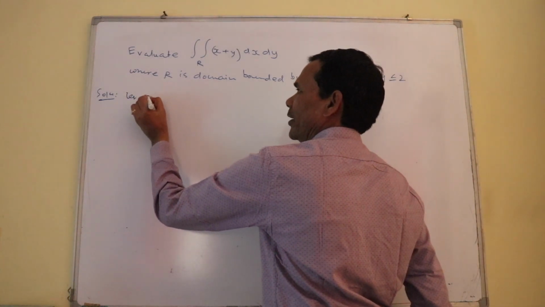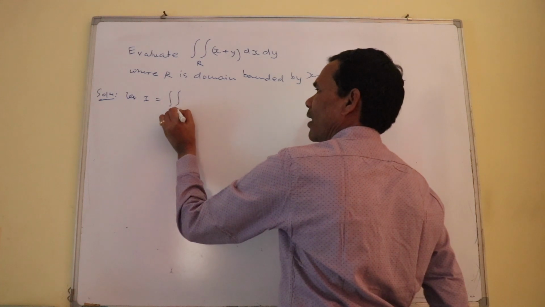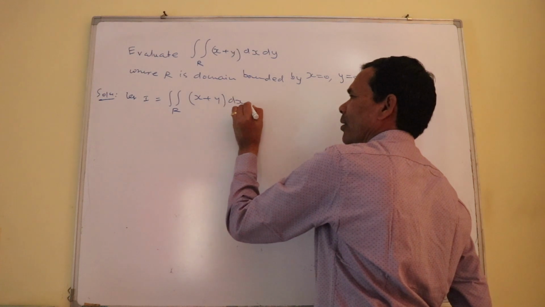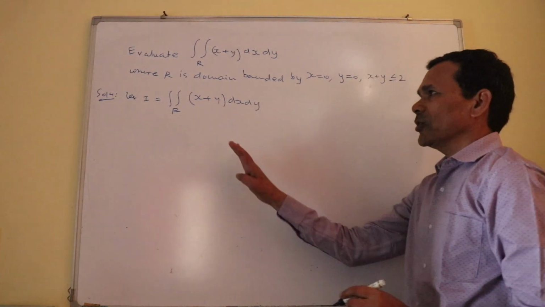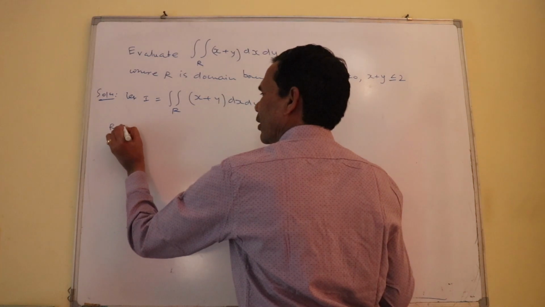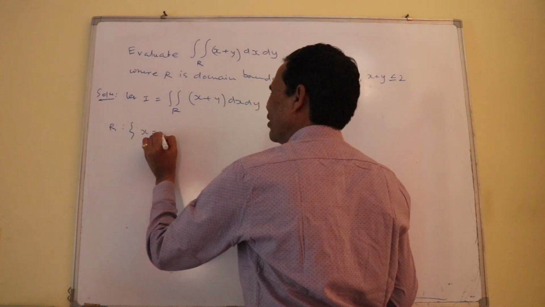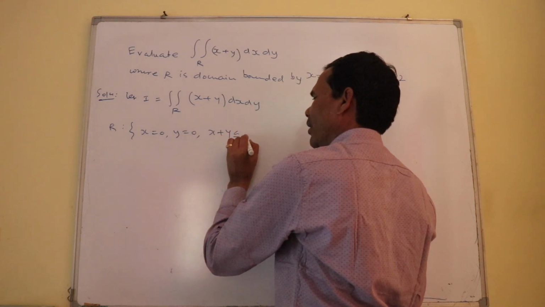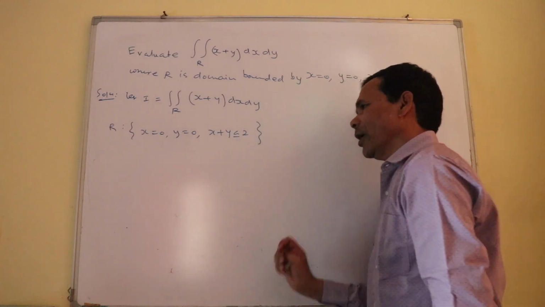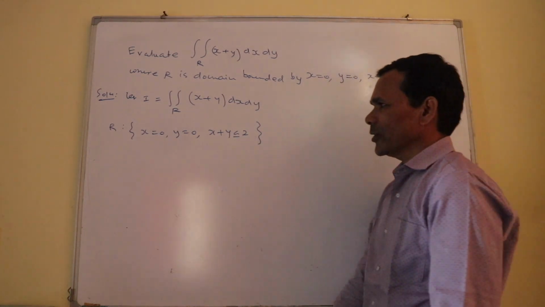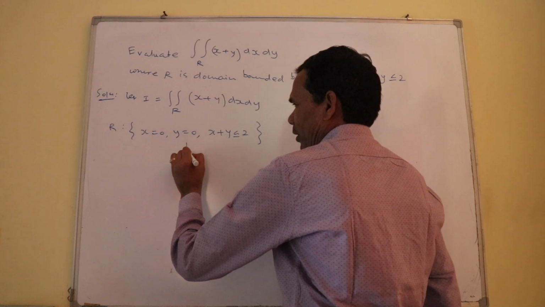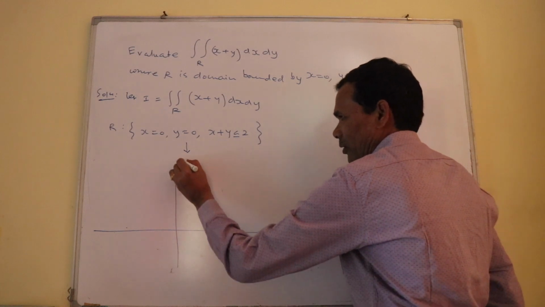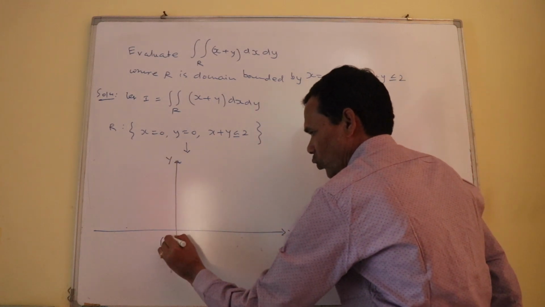Let I be equal to the integral over R of x plus y into dx dy, where R is the region bounded by x is equal to 0, x plus y less than or equal to 2. Now if you observe, it is as shown in the figure. We try to locate this region. So this is the x-axis, this is the y-axis, this is the origin.